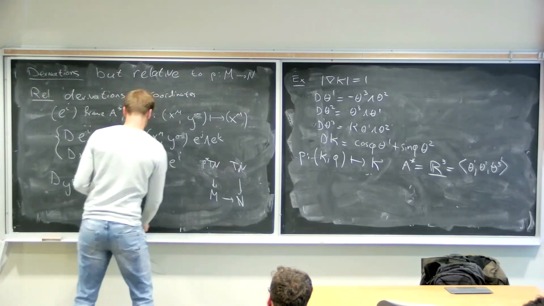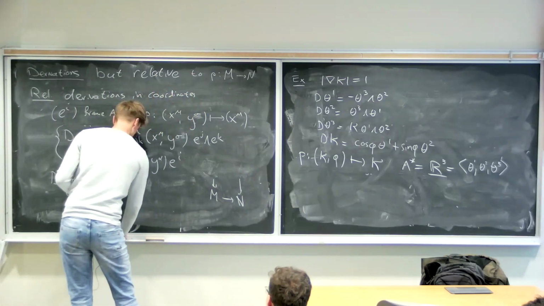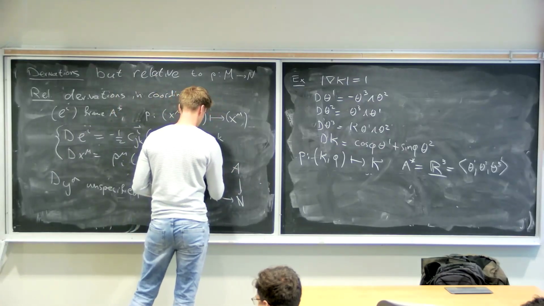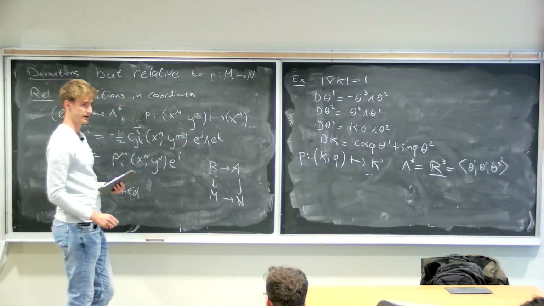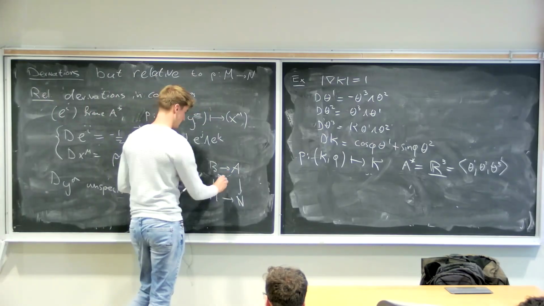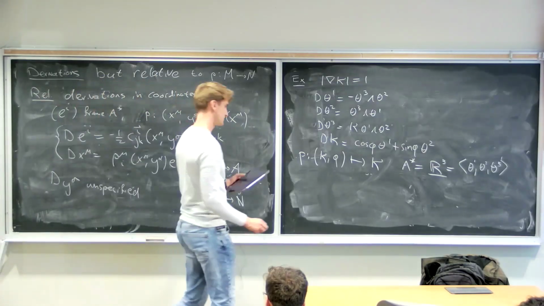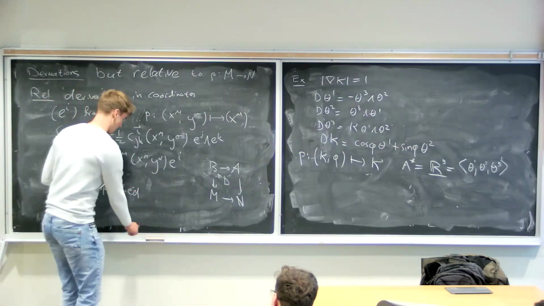You don't need this to be the tangent bundle at all. B is still the pullback of A. As simple as possible. A relative vector field gives rise to a relative one derivation.